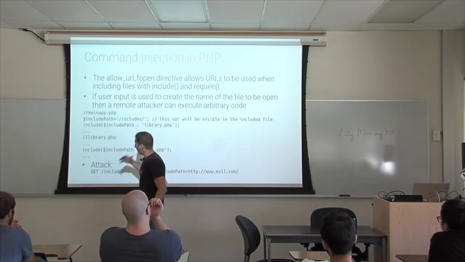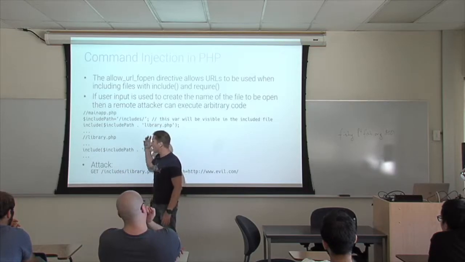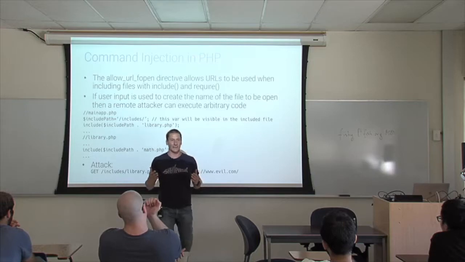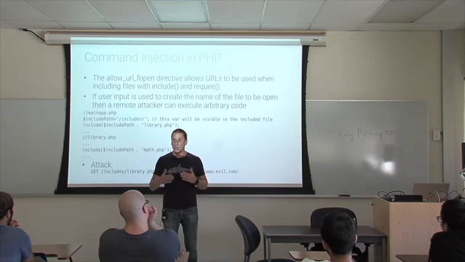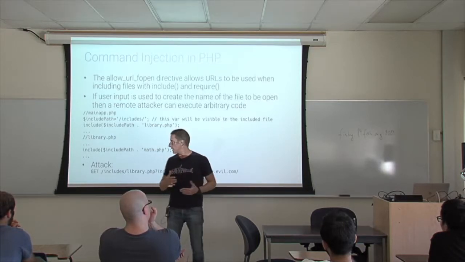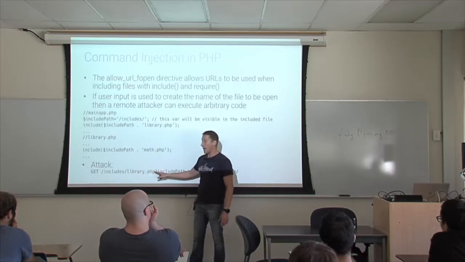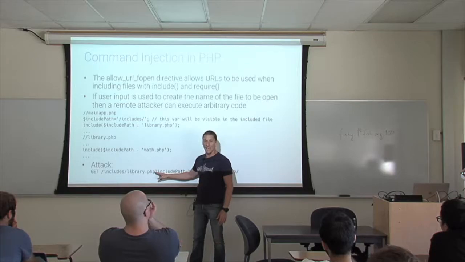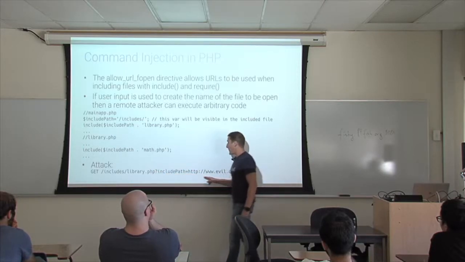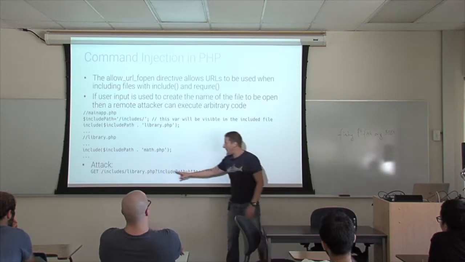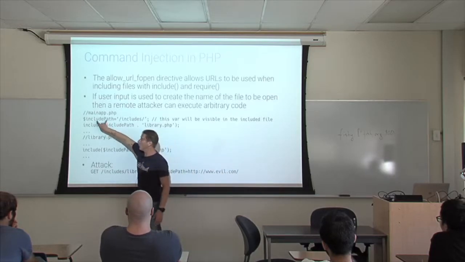The developer of this didn't think that somebody could invoke library.php separately, okay? Because things were not configured correctly, the attacker could actually call library directly as a script like any other, and pass as include path the same variable that is written here.